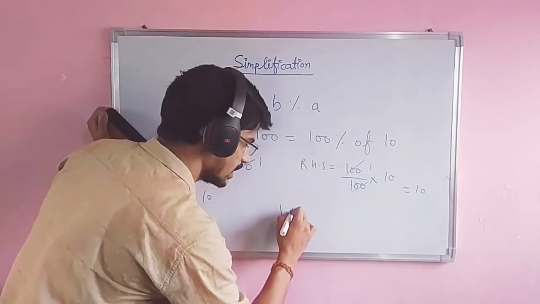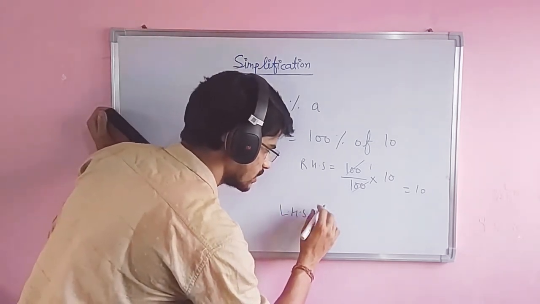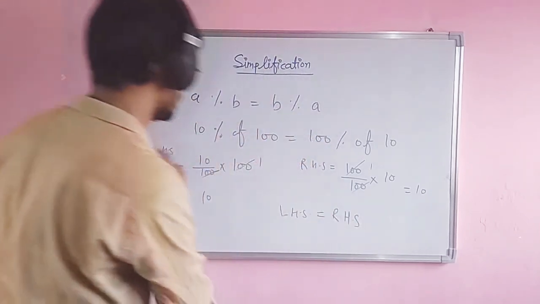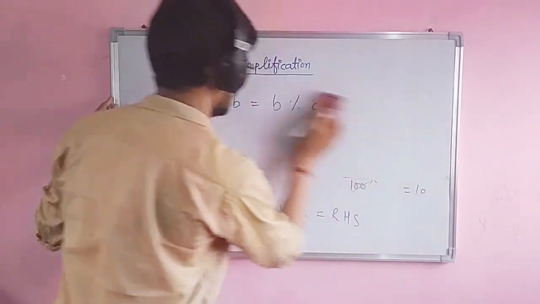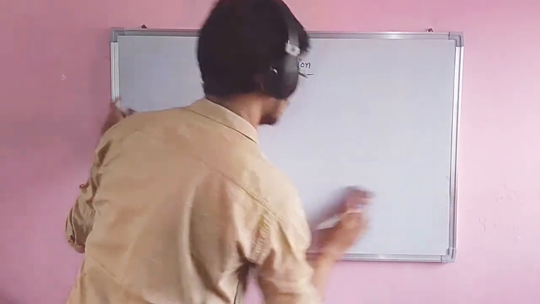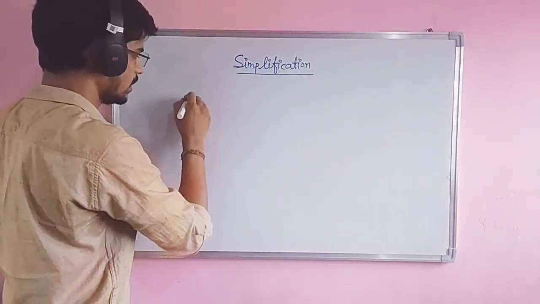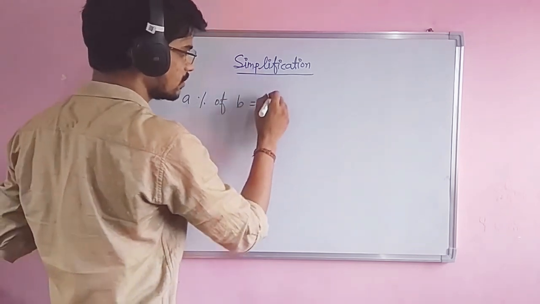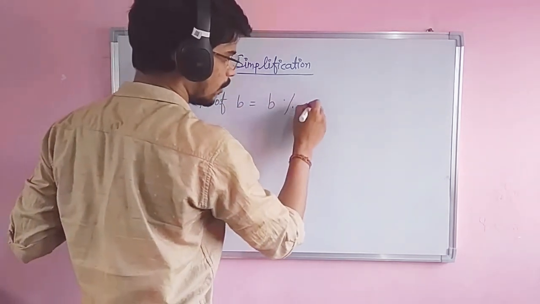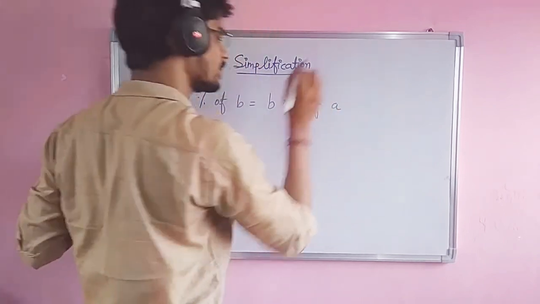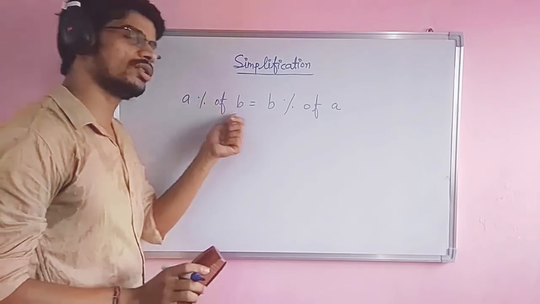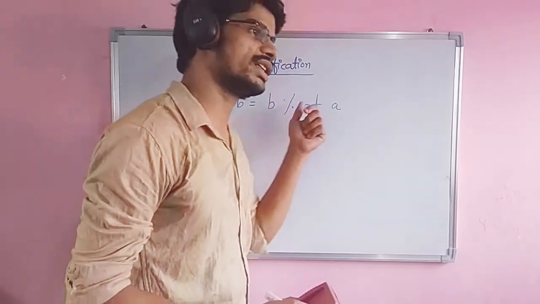So we get LHS equals RHS. So we can say a percentage of b is b percentage of a. Clear? Remember this trick: a percentage of b equals b percentage of a.